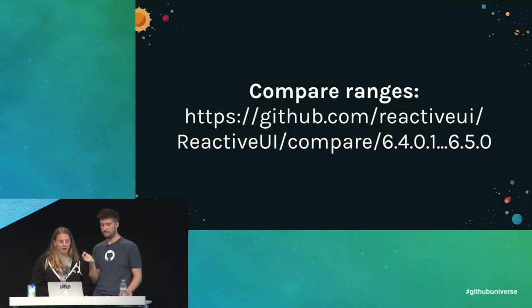So next we want to talk about something that's pretty rad. You can compare ranges. You can see in the example here we've got 6.4.0.1 ... 6.5.0. And Brent actually has an interesting use case that he showed me.